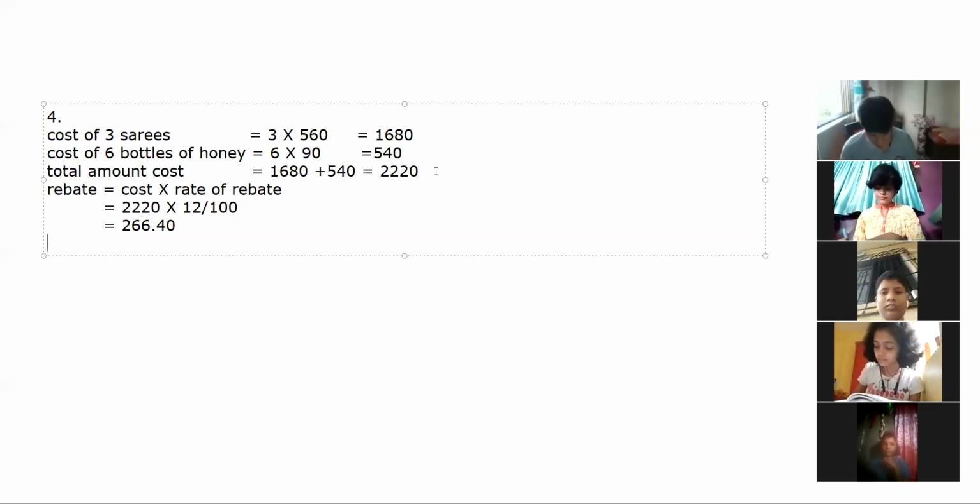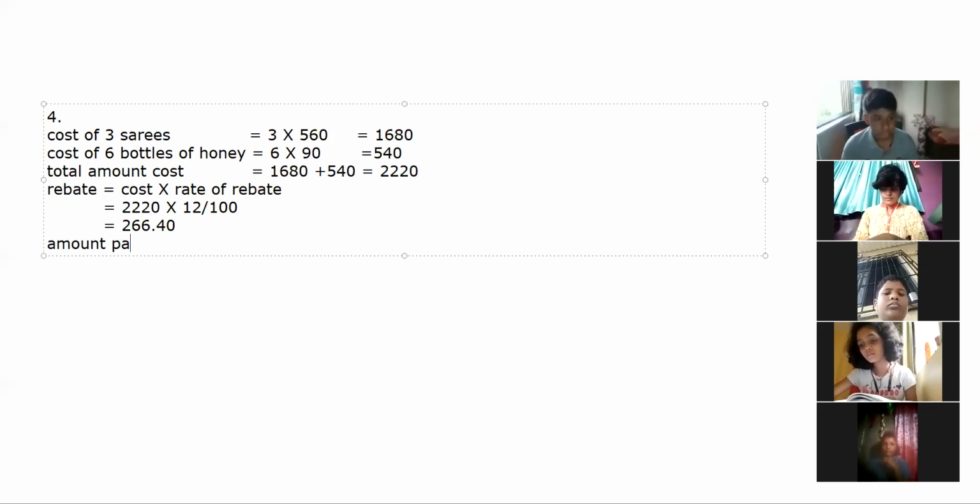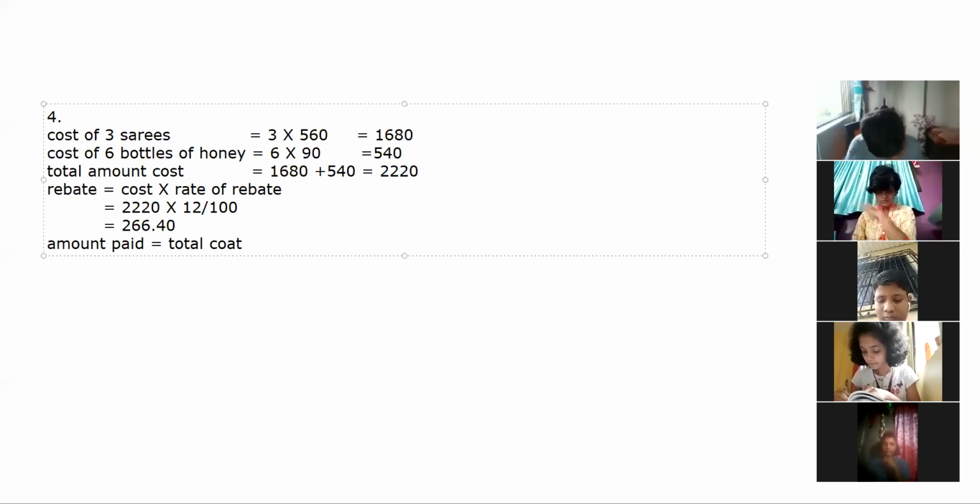Now they had told you to find the total amount Umatai pays. Okay, total amount. So the total amount paid is equal to total cost minus rebate.